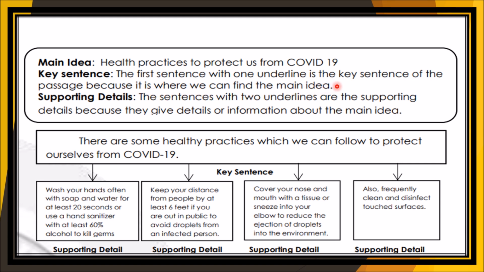So, the underlined words in the first sentence are, there are some healthy practices which we can follow to protect ourselves from COVID-19. And you can see the key sentence, the same, and the main idea also, and the topic that it's about COVID-19, right?